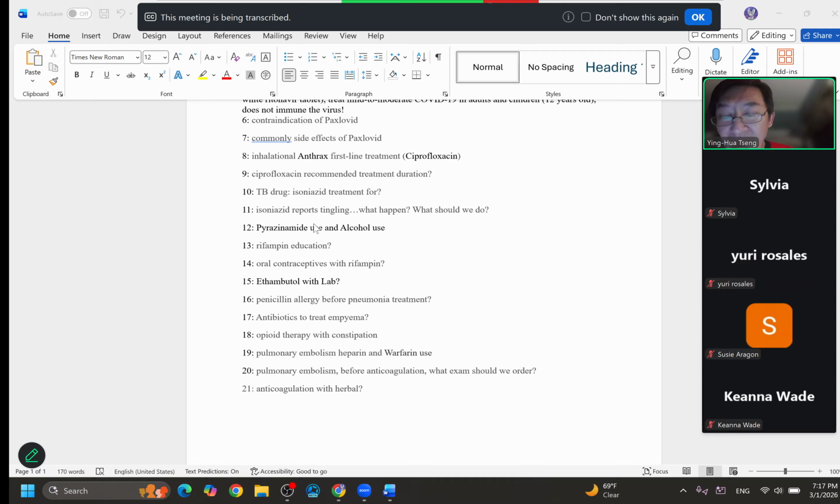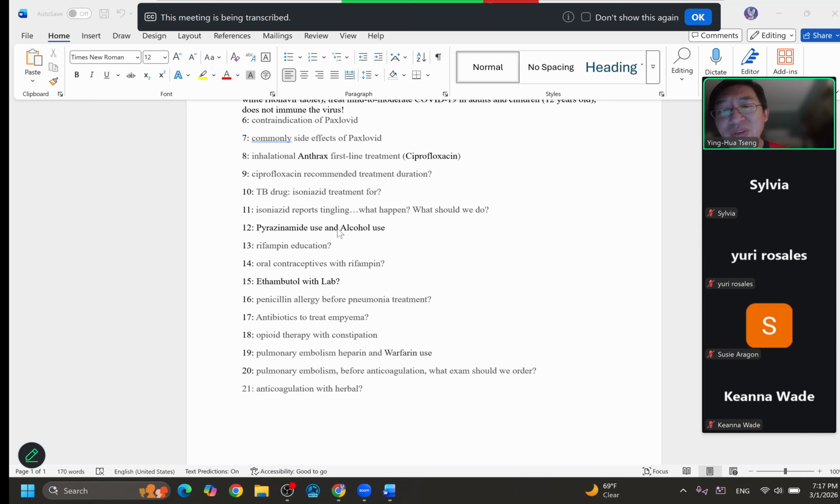All right. This is another TB medication, pyrazinamide. Pyrazinamide is used, and also alcohol use. What will happen? Hepatotoxicity risk. It's going to cause liver failure, right?